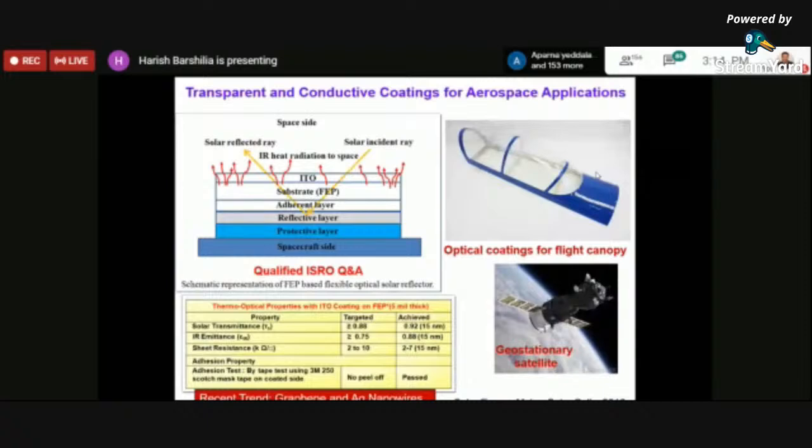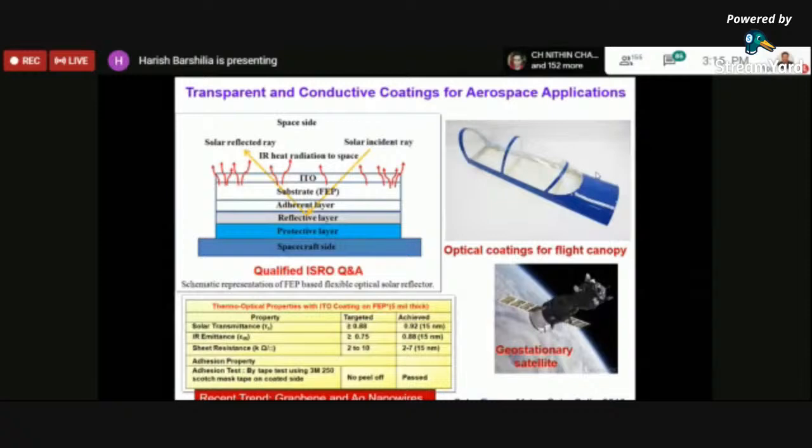So we need a very transparent coating which is not only mechanically robust but also has electromagnetic interference shielding properties. Whenever radar of a particular frequency comes, it will get reflected from this coating, and then our aircraft will be safe. For that, we develop a large number of coatings.